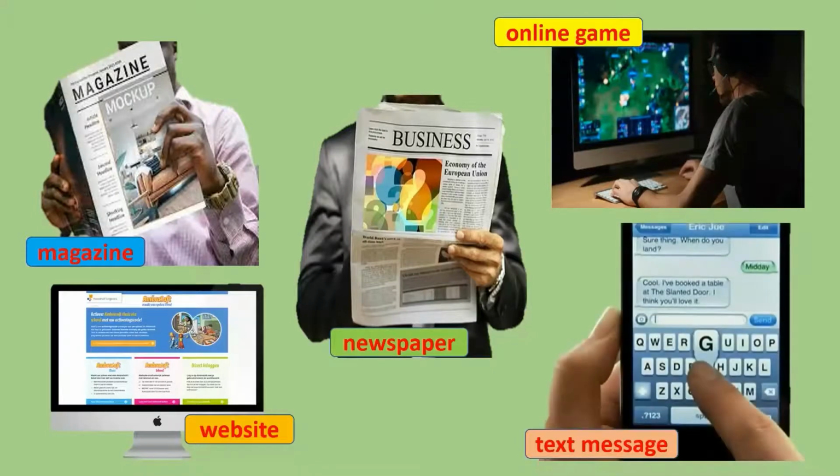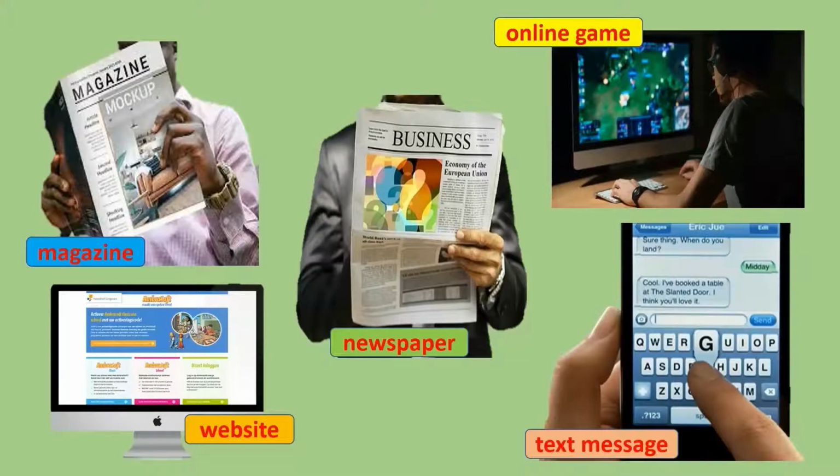The last but not the least, text message. T-E-X-T. M-E-S-S-A-G-E. Text message. We use our phone to send a text message to another person, to our friends, to our family.